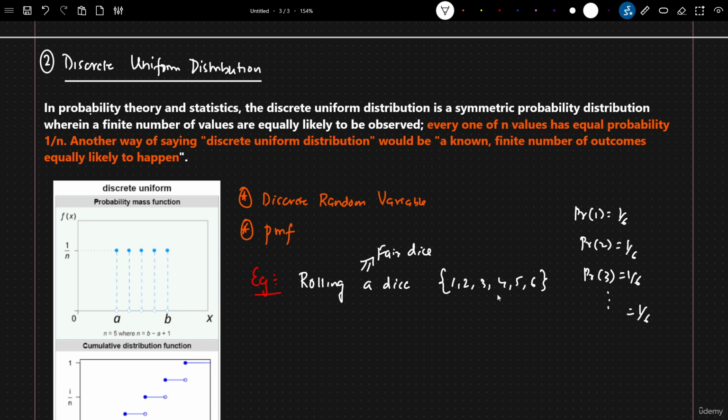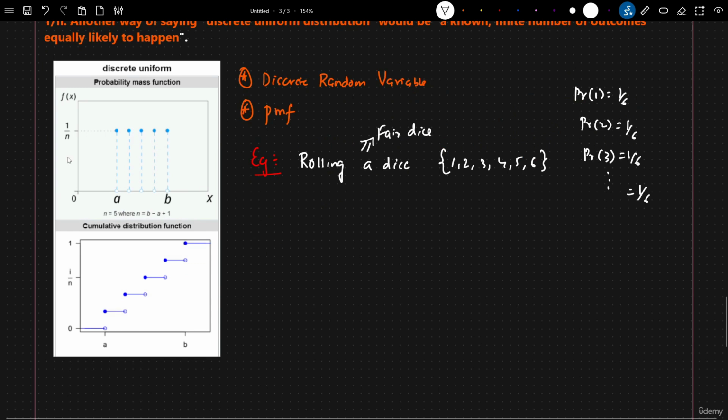So 1 comma 6. And in order to find out the probability, it is nothing but 1 by n. N is the number of outcomes. We are basically using this 1 by n, that is the probability for every outcome. So 1 by n, in this n will be calculated by using this formula, b minus a plus 1.